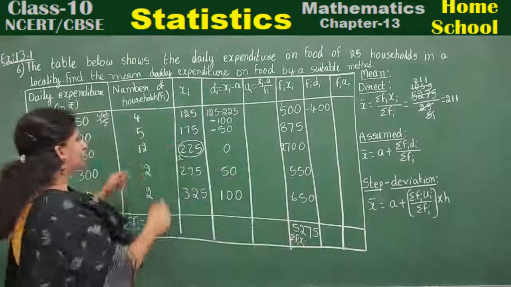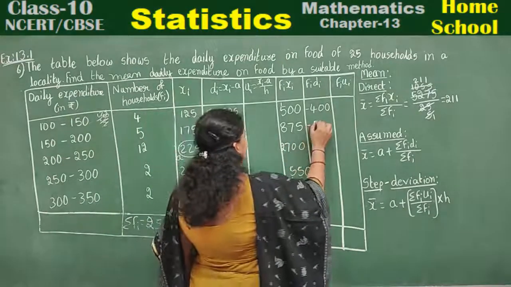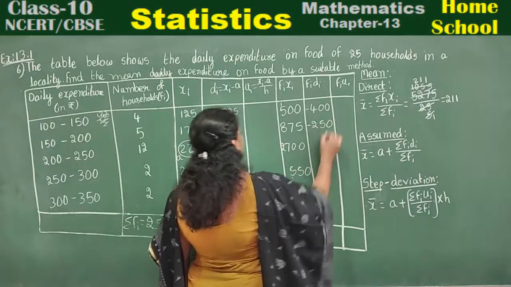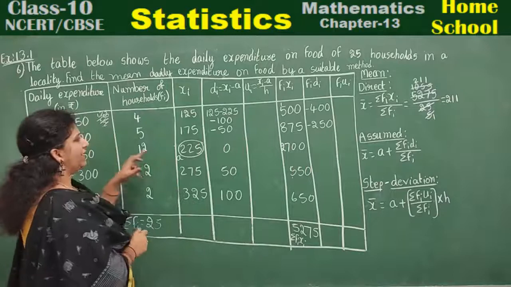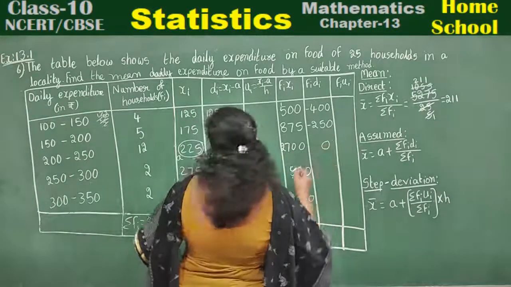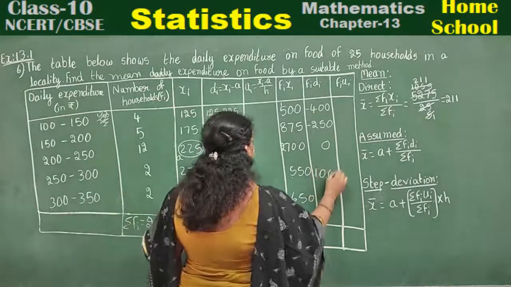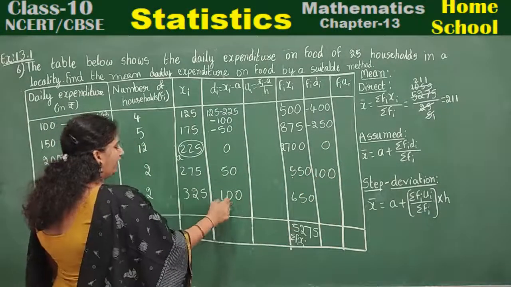Next one, 5 into minus 50, minus 250. 12 into 0, 0. 2 into 50, 100. 2 into 100.